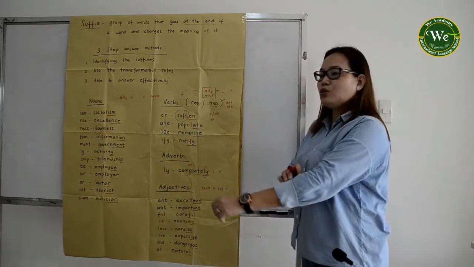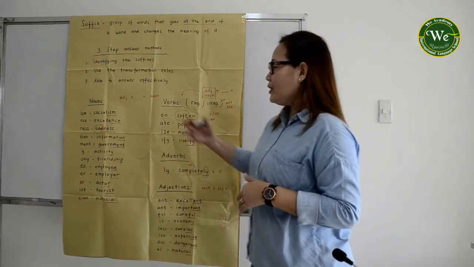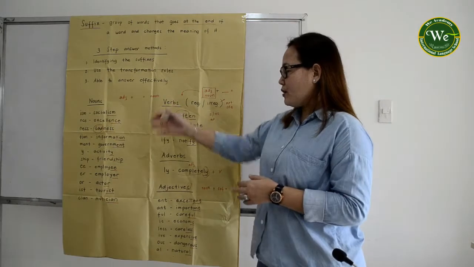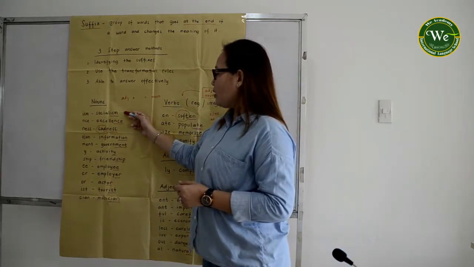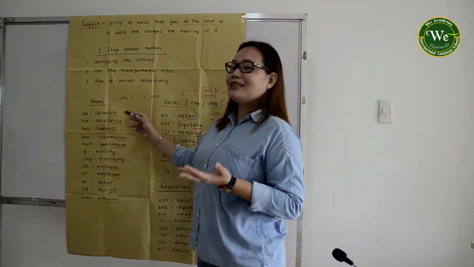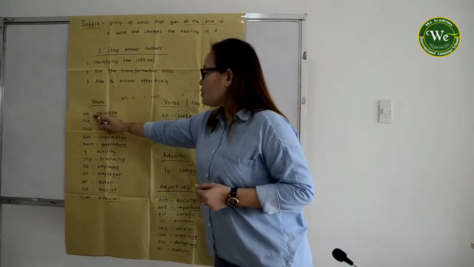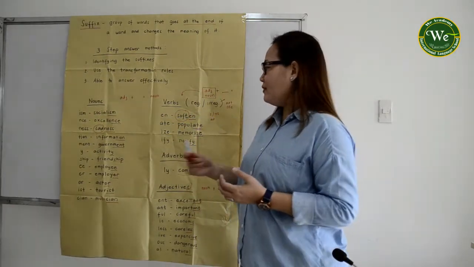So I guess you have already encountered this kind of examples that I have here with me. Just for example, the word socialism. So social, of course, is an adjective.